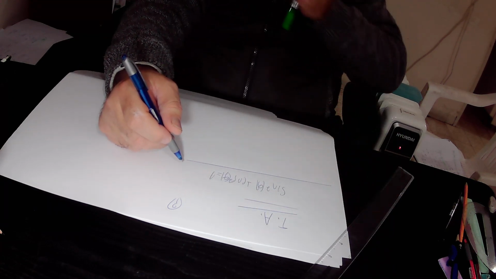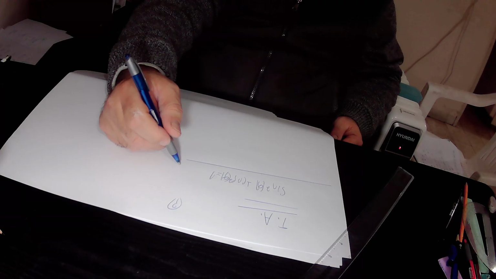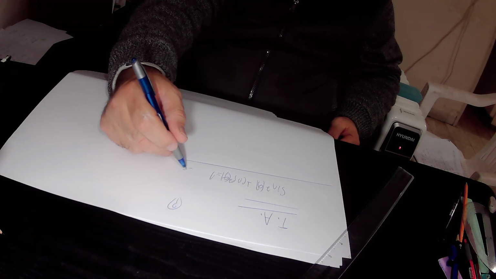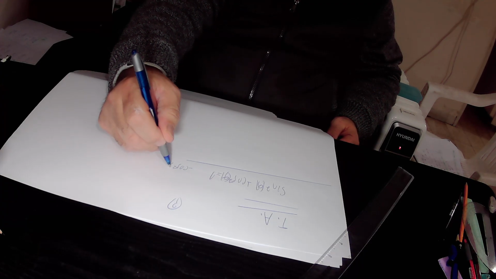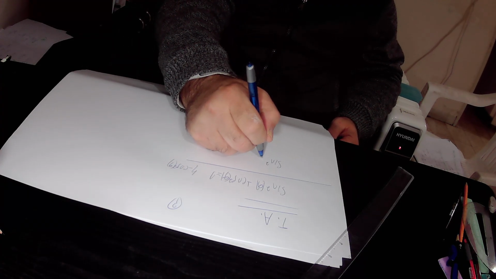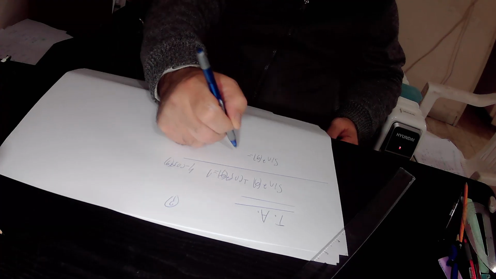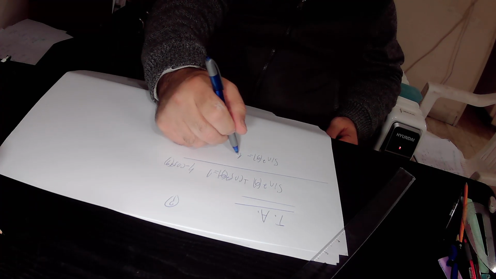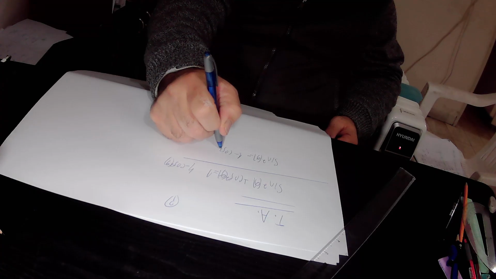So here we subtract cosine squared alpha from this equation. We get that sine squared alpha equals 1 minus cosine squared alpha.